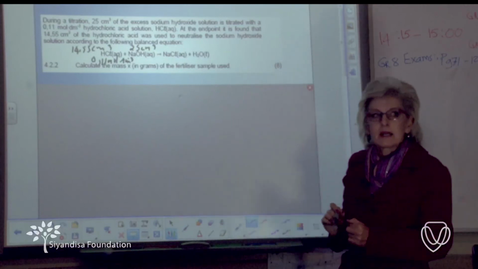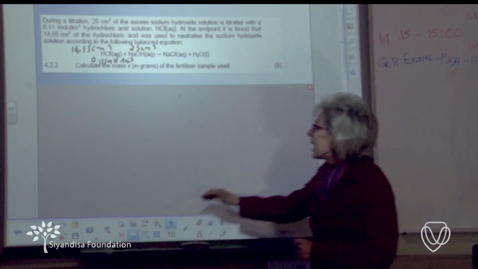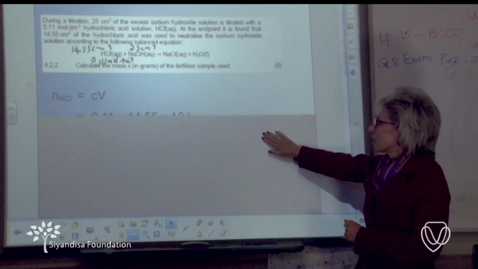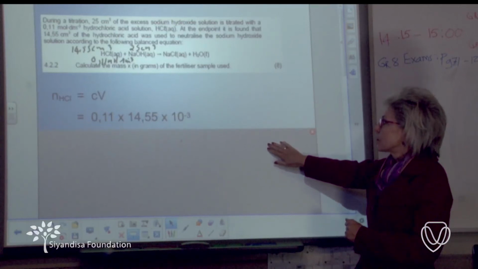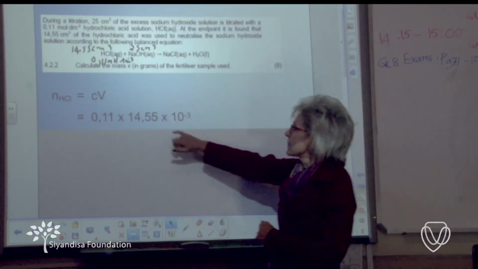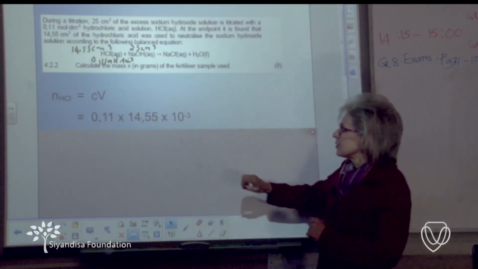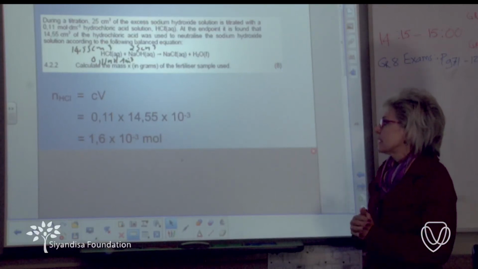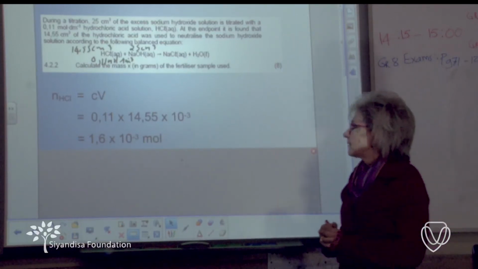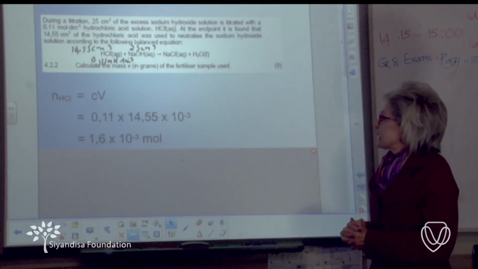With my formula, I know if I've got volume and concentration, it's possible for me to calculate amount of mole. So for the hydrochloric acid, I calculate the amount of mole: concentration times volume. Look at the volume, 14.55 cubic centimeter, so we times by 10 to the negative 3 to convert to cubic decimeter. That then gives me 1.6 times 10 to the negative 3 mole of hydrochloric acid.